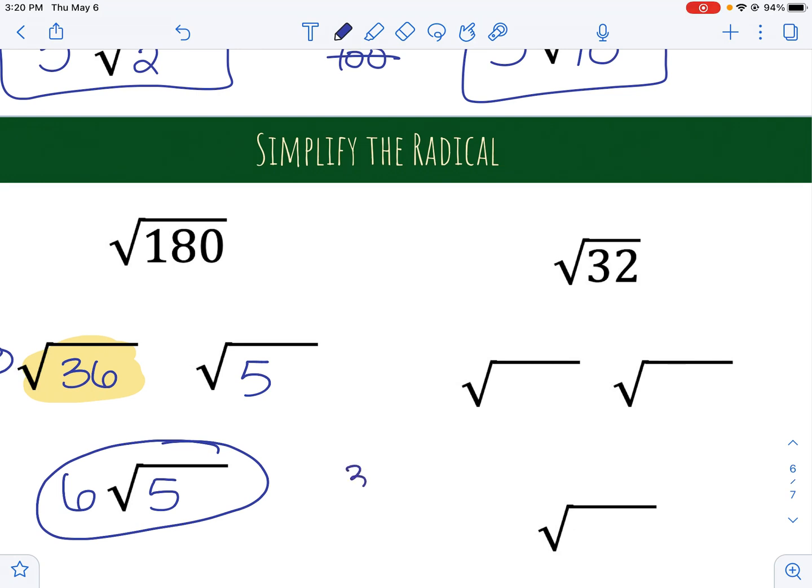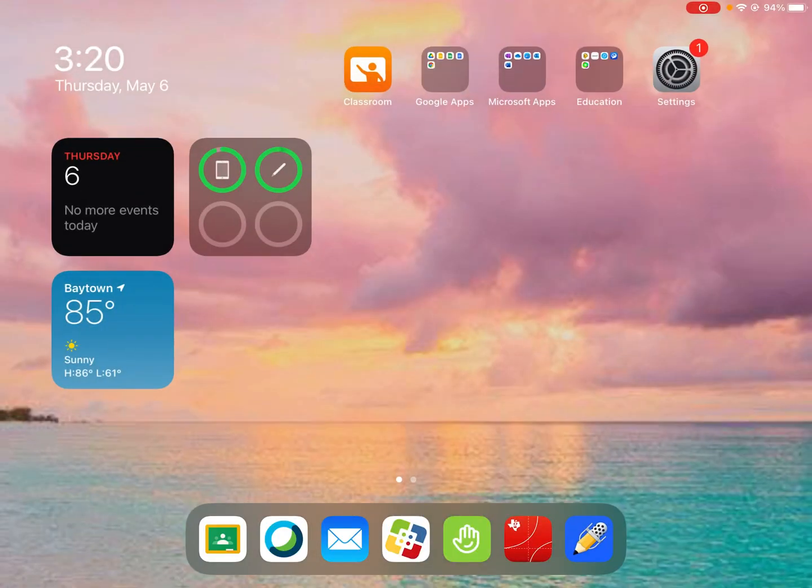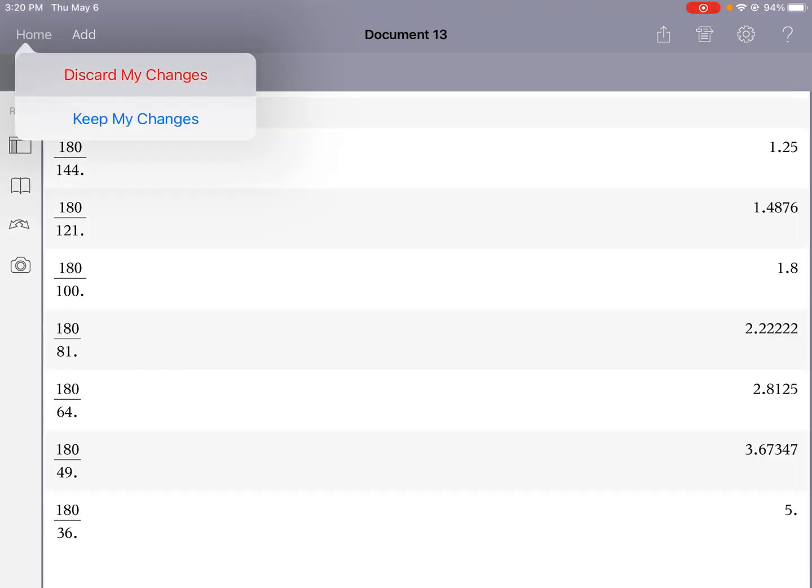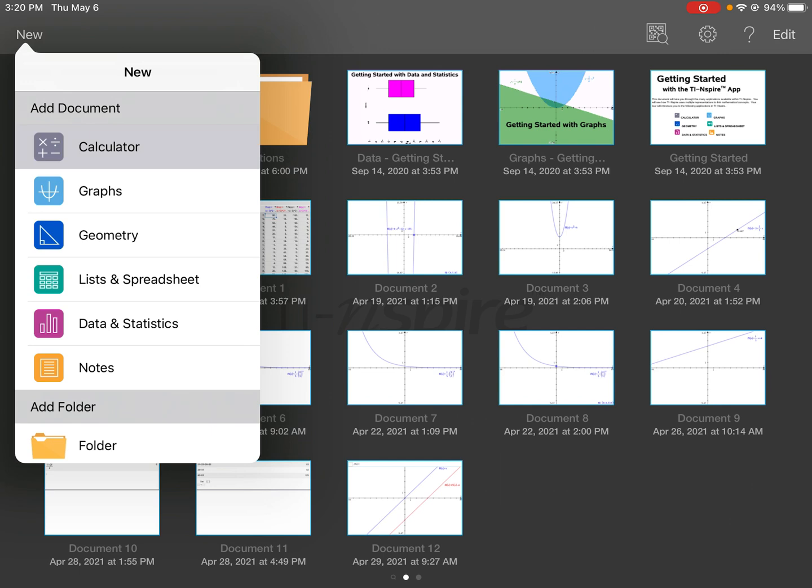So I can start with 36, 25, 16, 9, 4, and 1. Okay, so I'm going to start dividing. 36 is too big. It's bigger than 32, so it's not going to work. So we're going to start with 25. I'm going to start with a new page.